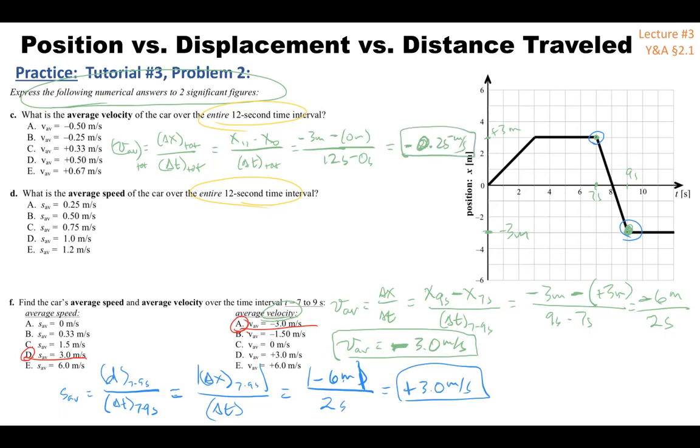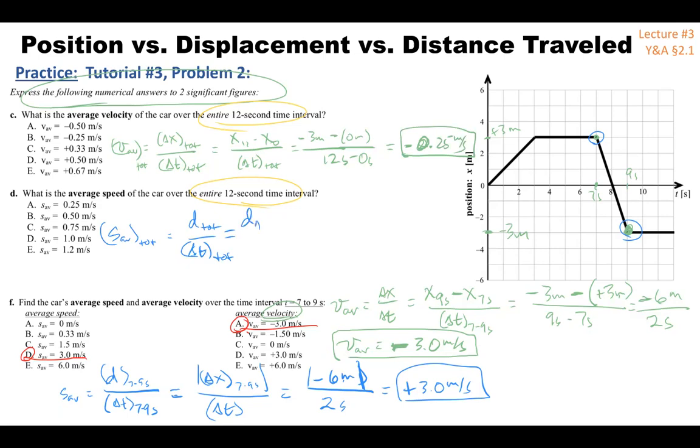Let's calculate the average speed over the entire time interval. The denominator is pretty simple. It's 12 seconds again. That's familiar. The numerator is more complicated. What's the total distance traveled over this entire 12 seconds? Well, we don't have a formula for that, so we just have to use our common sense.